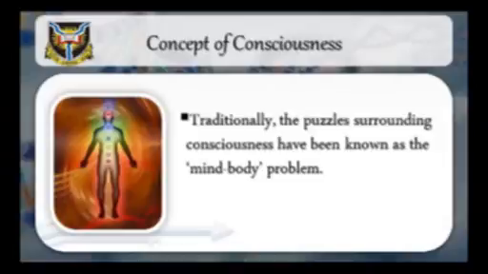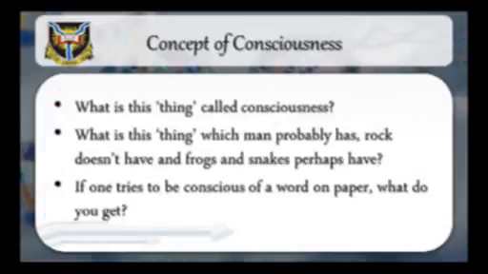Whichever of the above views you subscribe to, the question that looms large and which should form the starting point of every inquiry is, what is this thing called consciousness? What is this thing which man probably has, rock doesn't have, and frogs and snakes perhaps have?